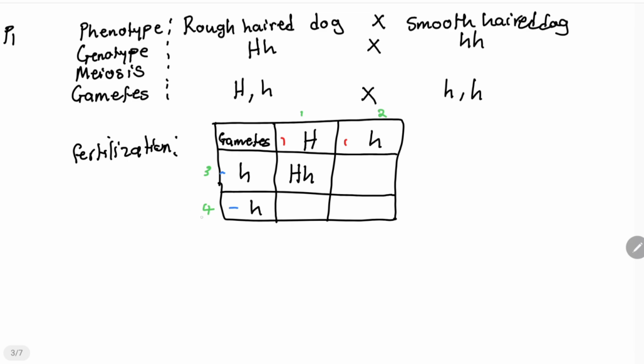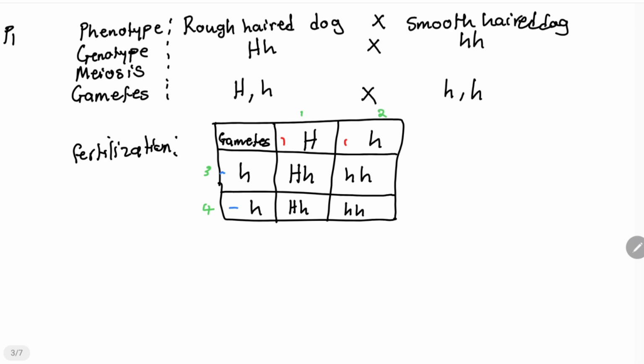When box 1 and box 4 combine, they're going to give us capital letter H from the top and small letter h from the side. What about when box 3 and box 2 combine? They're going to give us small letter h from the top, small letter h from the side. What about box 2 and box 4? They're also going to give us small letter h from the top and small letter h from the side.